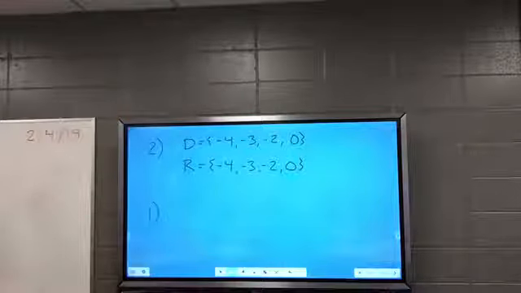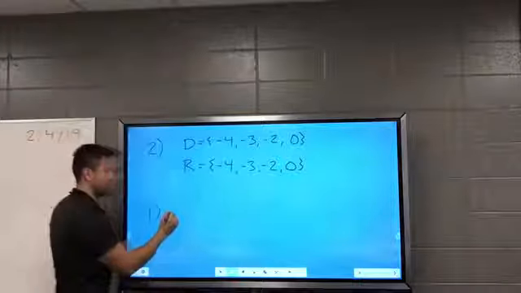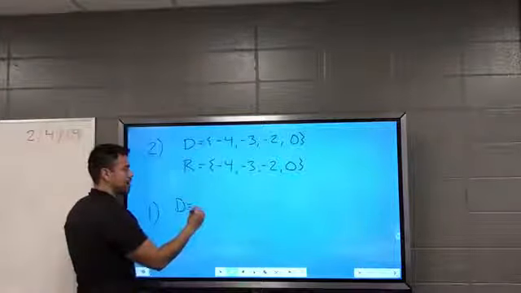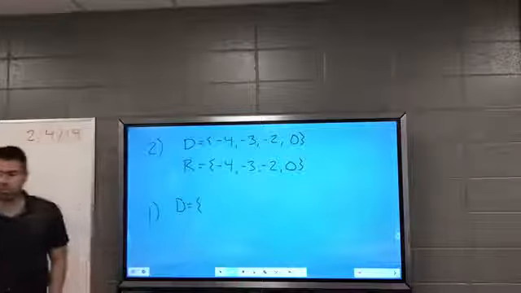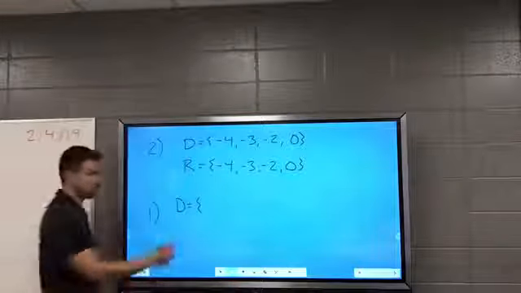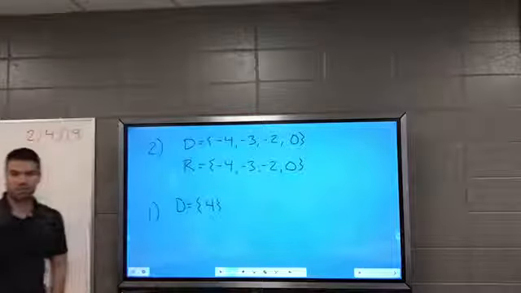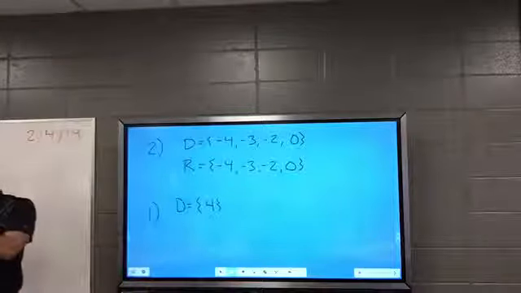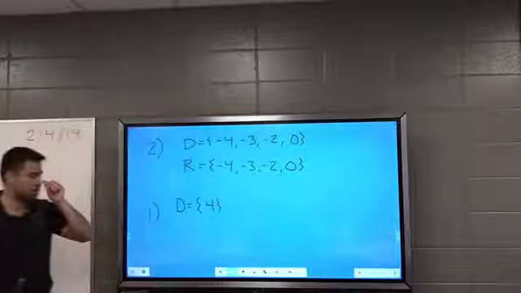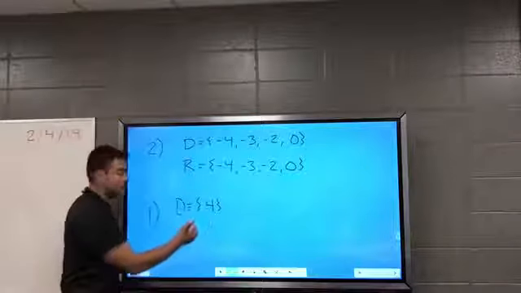What do you notice about the domain? They're all the same. So this is what you do for number 1. Notice I put that second. What's the domain on each one of those? This is 4. So do you write 4, 4, 4? No, just write 4 once. Don't repeat values in the domain or the range. Just write it once. So domain is 4.